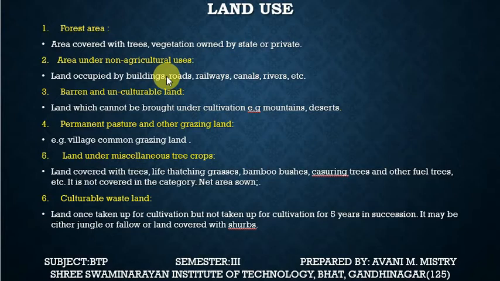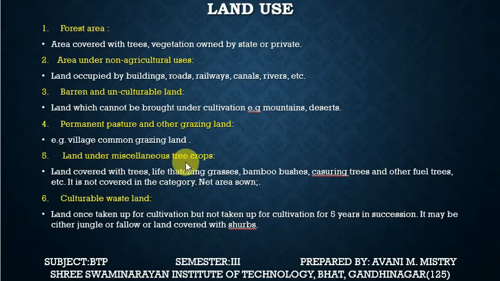That is land occupied by the buildings, roads, railways, canals, rivers, etc. Then next one is barren and unculturable land, that is land which cannot be brought under cultivation, that is mountains, deserts, etc. Permanent pasture and other grazing land, that is village common grazing land.